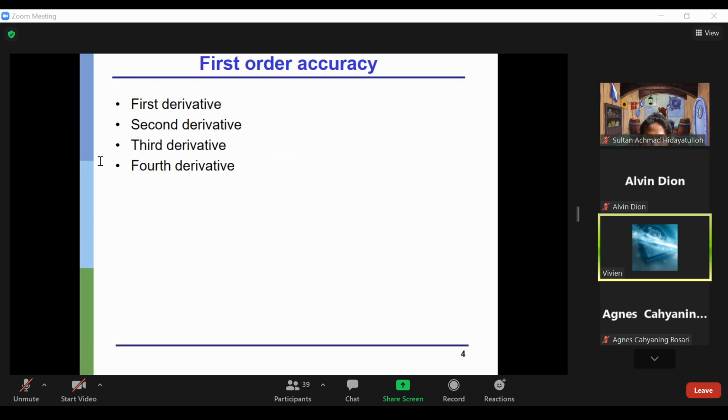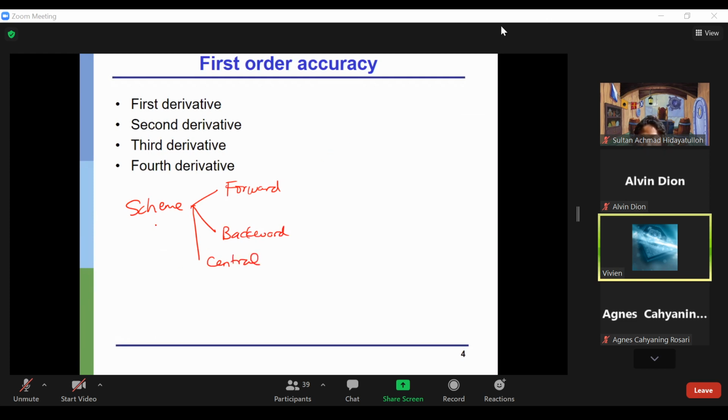We can use that to find, for example, the first, second, third, and fourth derivative. And also we have the order of accuracy. So it means that we can select the scheme, which is forward, backward, or central.